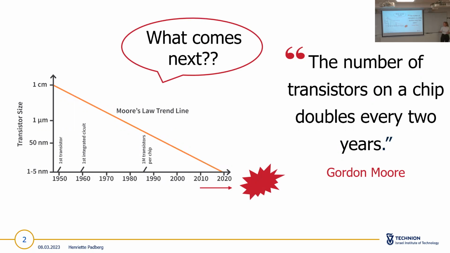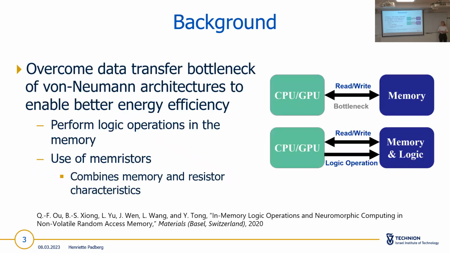And what comes next? So far, for computers, we always use the von Neumann architecture. So we have a separate processing and memory unit, and between them, we have to have data transfer. But what's the problem with this? This data transfer always has to be at a minimum, and you can't reduce it from a certain point even more.